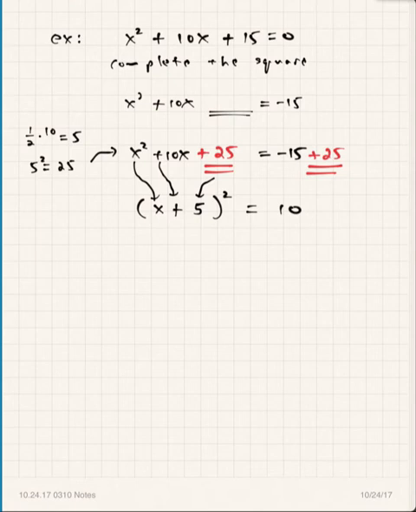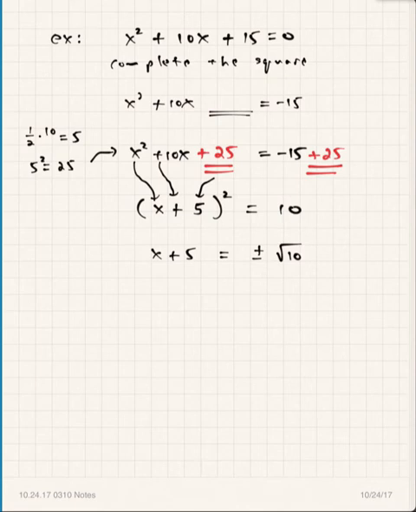Now all of a sudden the equation's in the form something squared equals a constant. So now you can take the square root of both sides of the equation, and you get x plus 5 equals plus or minus the square root of 10. Don't forget the plus or minus, because it is the square root method.